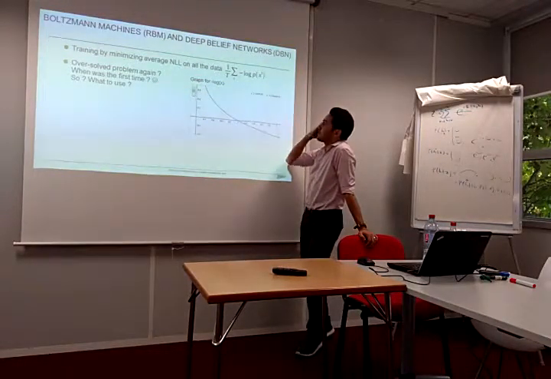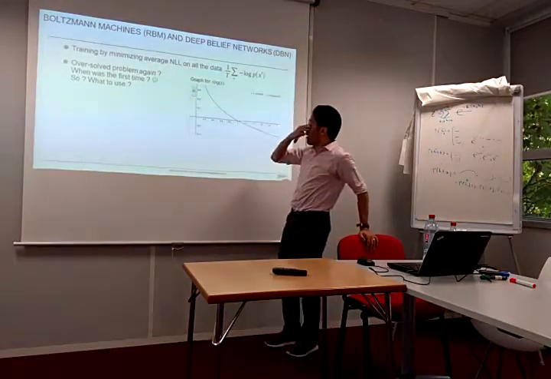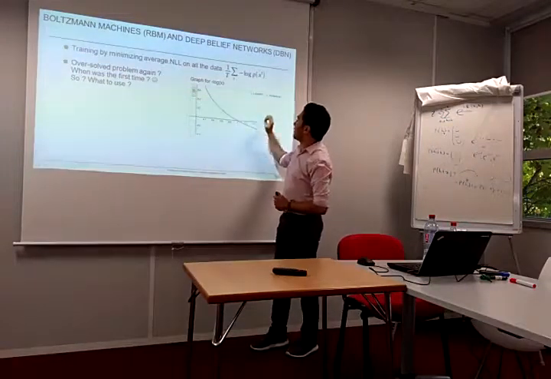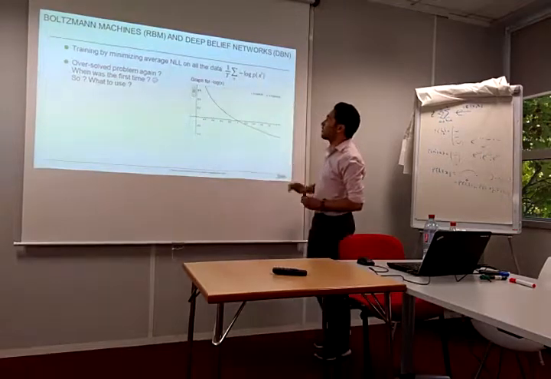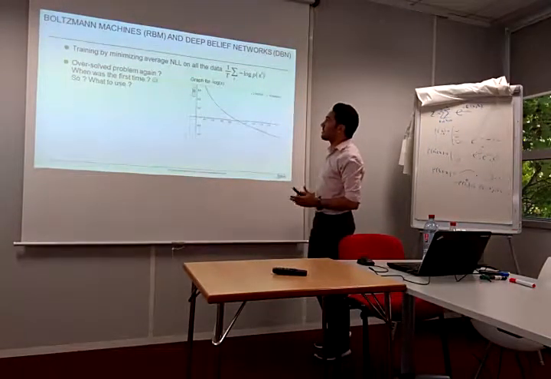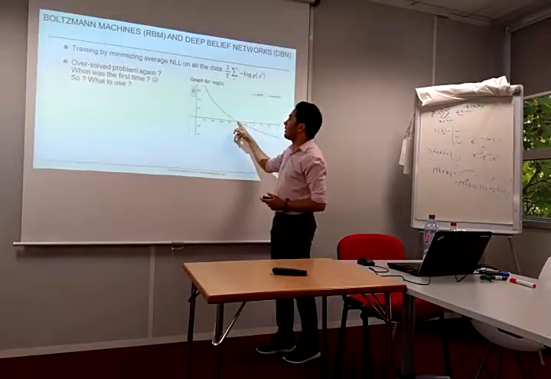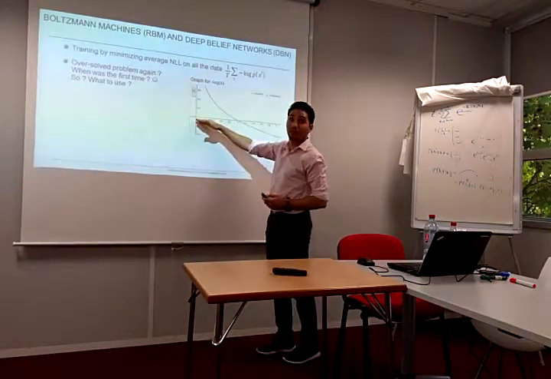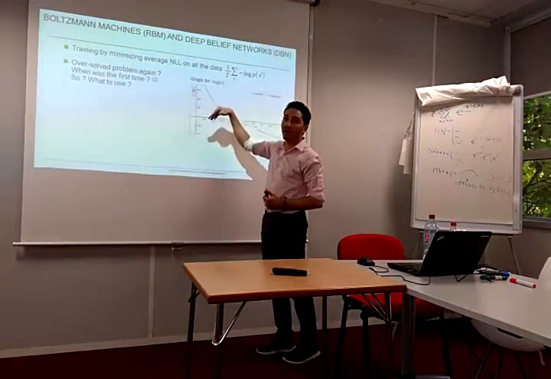What's the meaning of minimizing this term? I have copied a good graph for you from Google. This is the equation of minus log x. Which means that if x is 1, the value is 0. If x is less than 1, the value goes high.